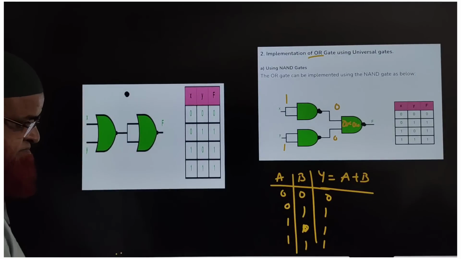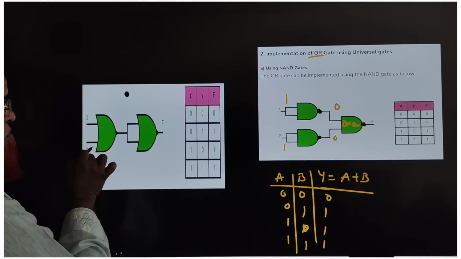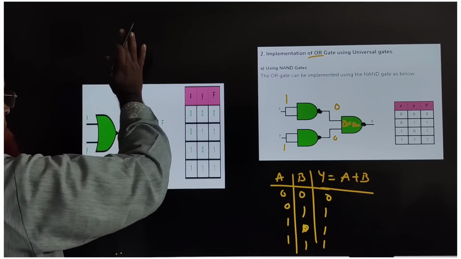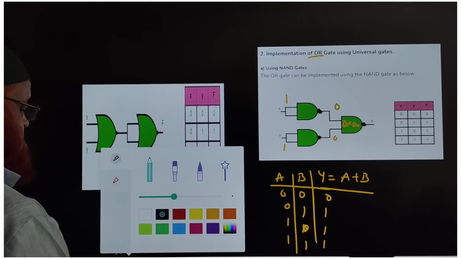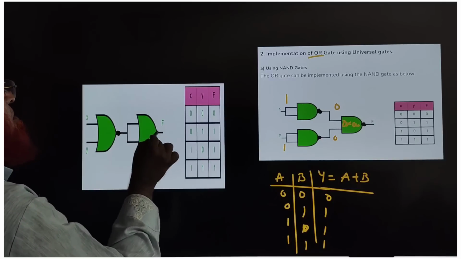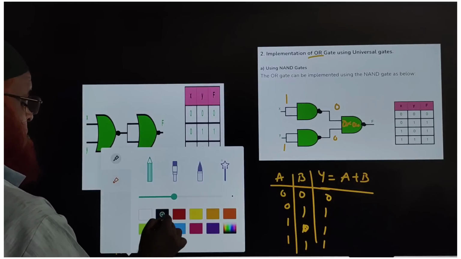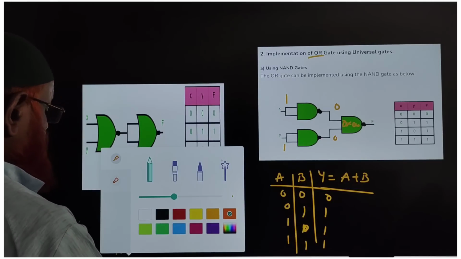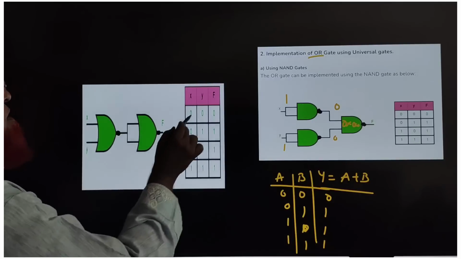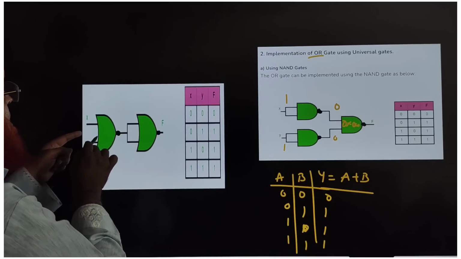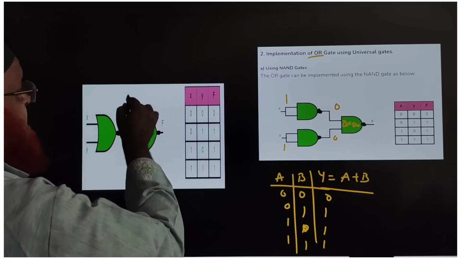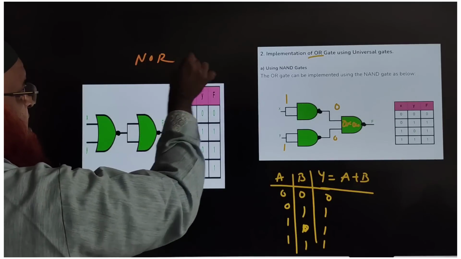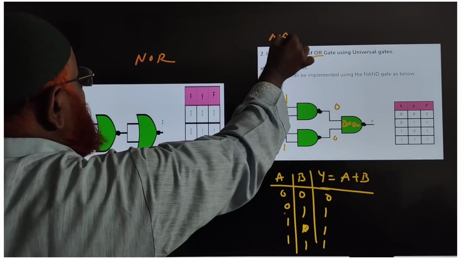Okay, देखिए क्या होगा. So 0 0. These are OR gates. Just remember, कौन से gates है? These are called as NOR gates. तो यहाँ पर जो लिए हम NAND gates लिए.